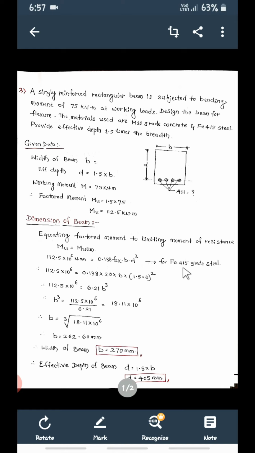That is equal to Mu limit. Now see, the grade of steel is Fe415. So for this grade of steel, Mu limit is equal to 0.138 fck b d square.